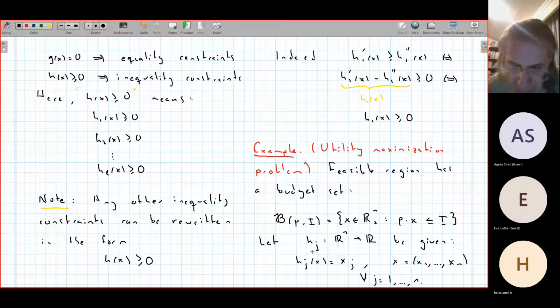So what we would like is hj greater than or equal to 0 in order to satisfy this condition, so that x is in this set. But we still need to consider this other condition.